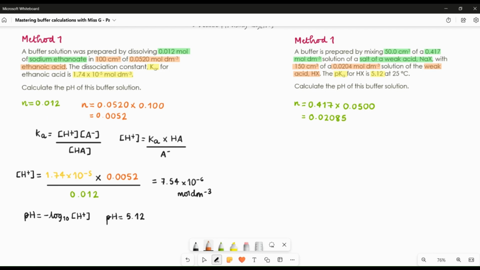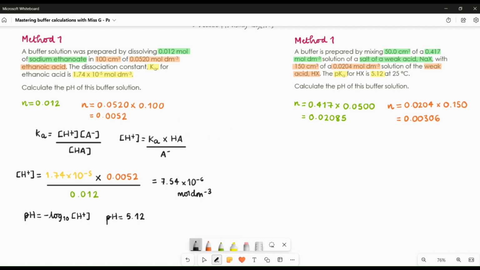And then we can do the same thing for the moles of the weak acid. So we've got a concentration of 0.0204 and a volume in decimetres cubed of 0.150. Which gives me 0.00306 for the moles of the weak acid.